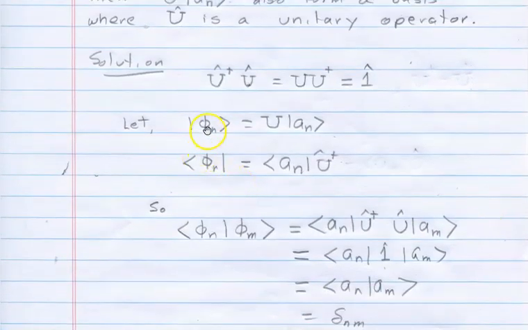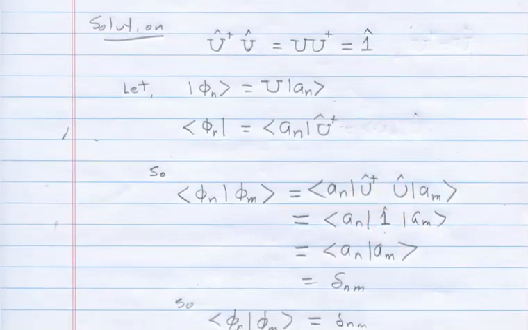And now I take the scalar product between these two, one with an M and one with an N. So the nth one, and the Mth one. I get this in terms of U on AN, and then this for M is just U operating on AM. But these two are inverses of one another, so I get the identity element.